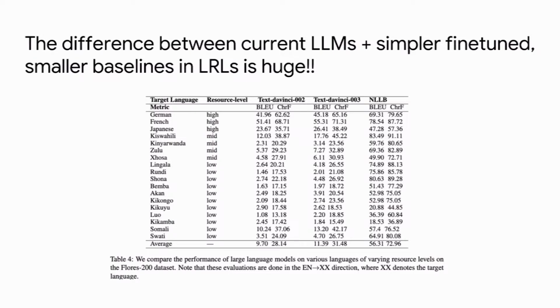Though some may say the comparison is a bit unfair, because the NLLB models are fine-tuned for machine translation, TextDaVinci 2 and TextDaVinci 3 seem to perform decently at the high-resource languages, but then drop to close to 0 for our low-resource languages. So these large-scale models that are being publicized right now really are not our best option for a lot of low-resource languages.